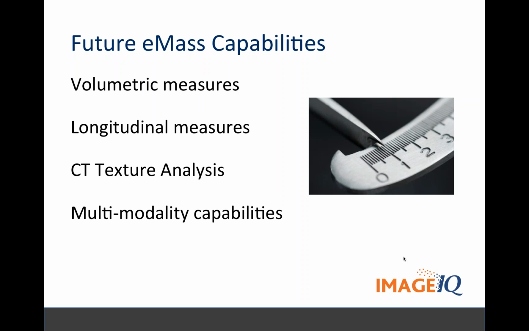So the logical step for all of these criteria is to actually move to volumetric analysis. You have tumors that are actually masses that have 3D structure, and a 2D-based criteria is not necessarily going to be representative of the actual nodules or the tumors. So we've decided to incorporate those volumetric tools within eMass for the next release.